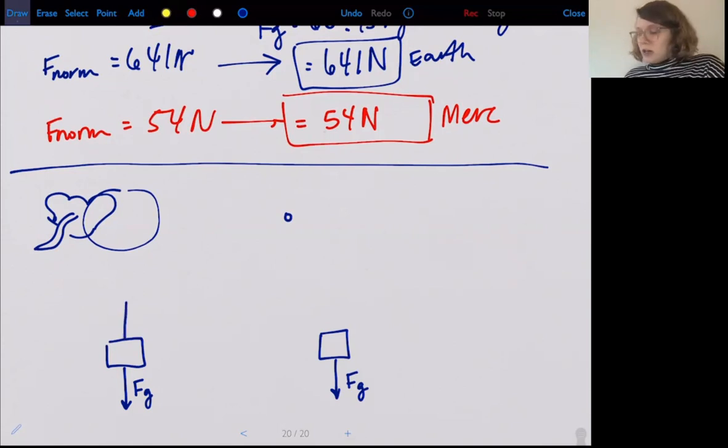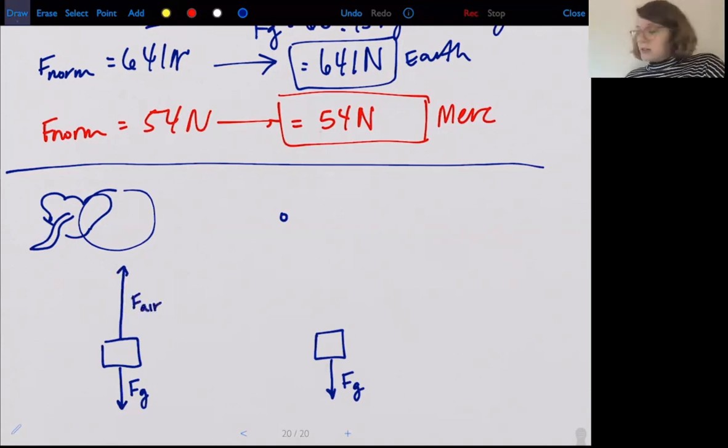But what I wanted you to understand is that you should draw a larger air resistance force for the elephant than you should for the egg. So if you drew something like that, with the force of air resistance for the elephant much larger than for the egg, you would have gotten points on that if this was a quiz question. All right, and that's all you needed to do for number 8 of this homework assignment.